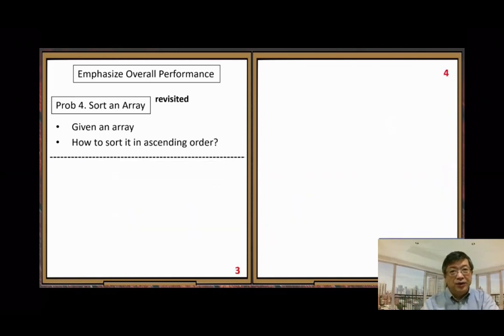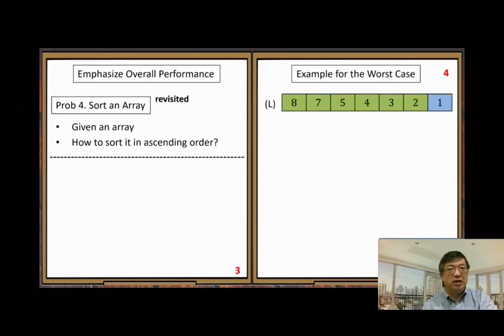Next, I want to run a special example to let you see what happens during the multiple steps of partitioning. It's pretty simple. All right. Example for the worst case. When we start, we have an array in descending order.